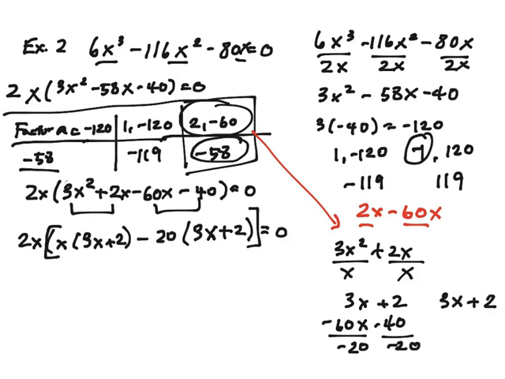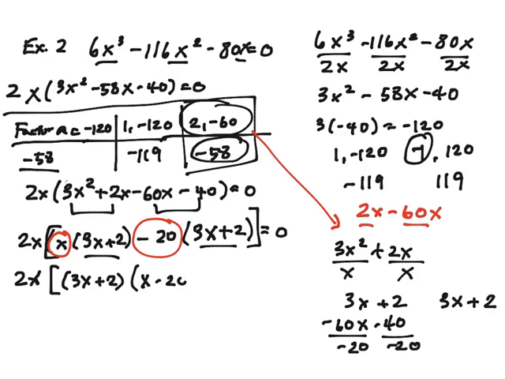Okay, now let's go ahead and factor out 3x plus 2. So 2x, and then when you factor out 3x plus 2, what you have left is an x and a negative 20. x minus 20.